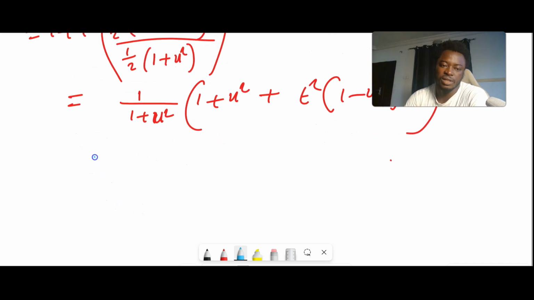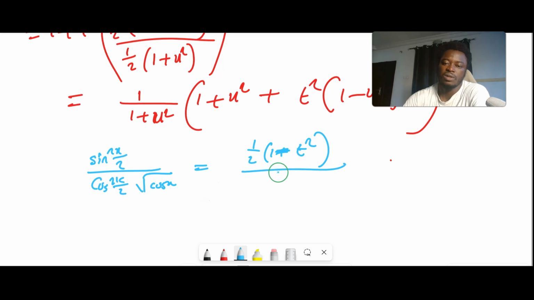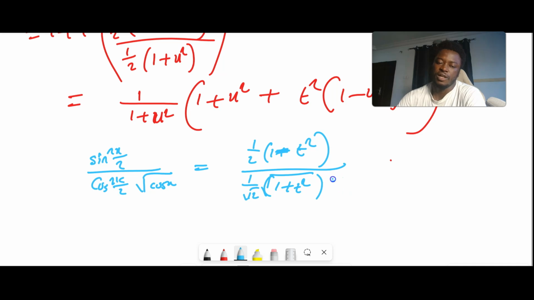The numerator is just sine squared x over 2 divided by cosine of x over 2, all divided by square root of cosine of x, where sine squared x over 2 is just half of 1 minus u squared. Then cosine of x over 2 is just 1 over square root of 2 times square root of 1 plus u squared. Yeah, so times u, yeah, this is u squared.